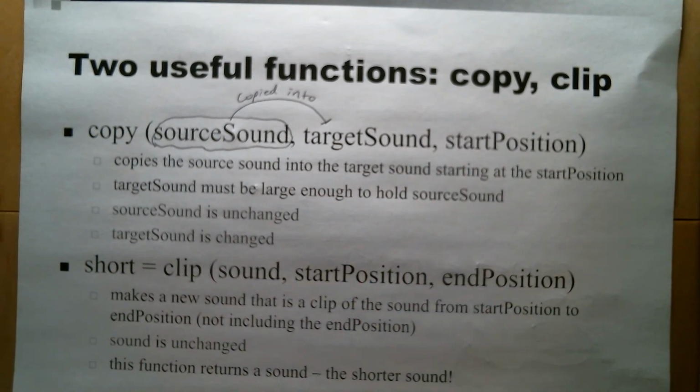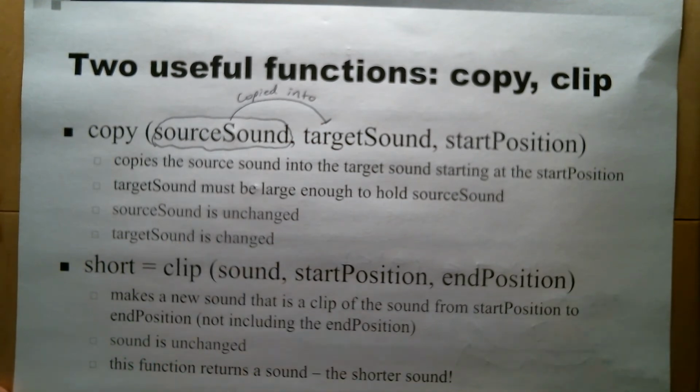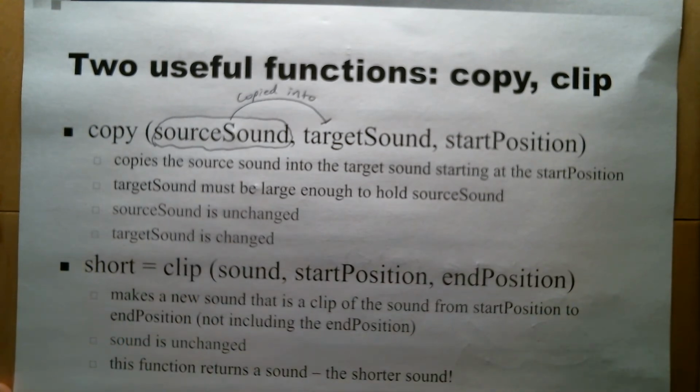And the source sound is going to be unchanged, where the target sound is going to be changed. You're copying something into it, you're modifying it. So this one is going to be left unchanged.